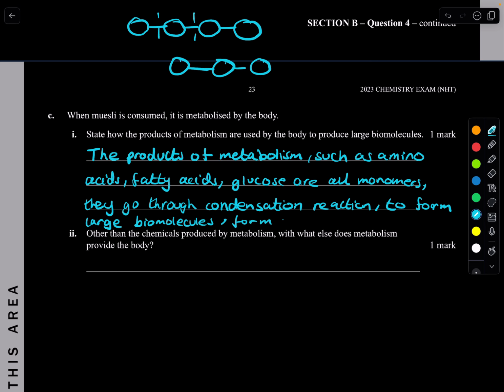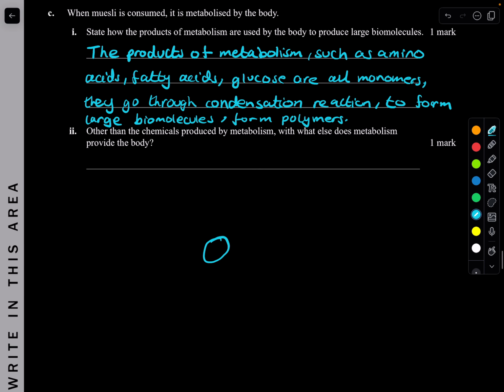Form polymers. Easy. Other than the chemicals produced by metabolism, so of course when you metabolize, it means they're breaking down. Let's say this is your carbohydrate. You have all these, and so other than the chemicals produced by metabolism from the breakdown, what else does metabolism provide the body? Easy.